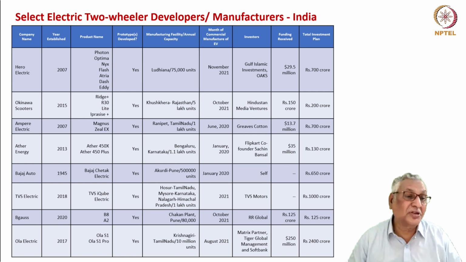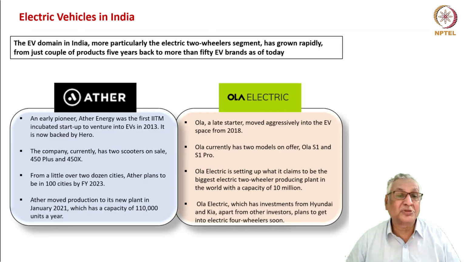Hero Electric, Okinawa Scooters, Ampere Electric, Ather Energy, Bajaj Auto, TVS Electric, Bgauss and Ola Electric are some examples. Of these, Ather Energy is an IIT Madras Research Park incubated startup established as early as in 2013. So it is a matter of pride for the Indian Institute of Technology that such a path-breaking initiative has come from the IIT Madras Research Park.